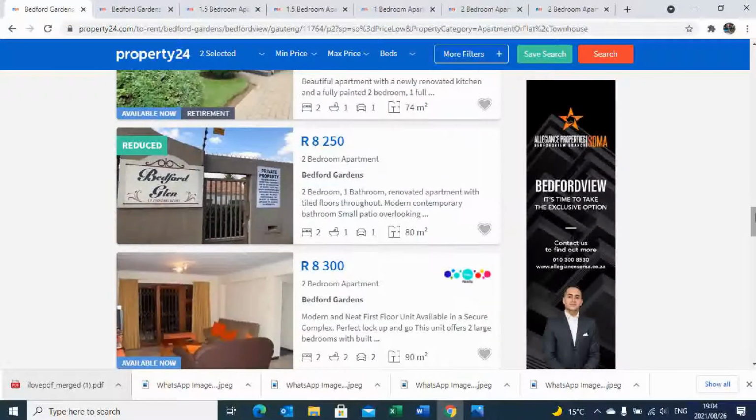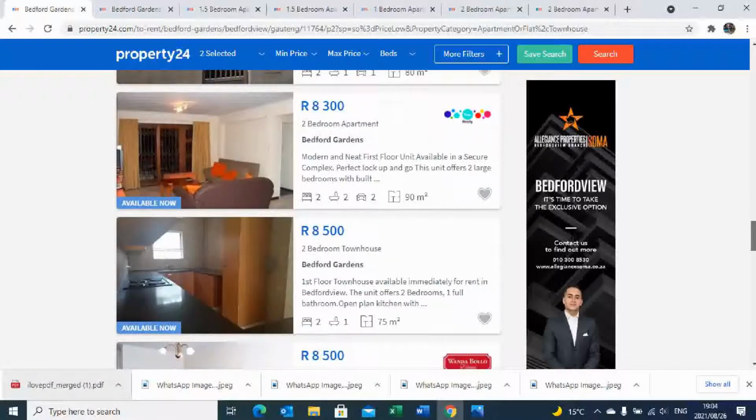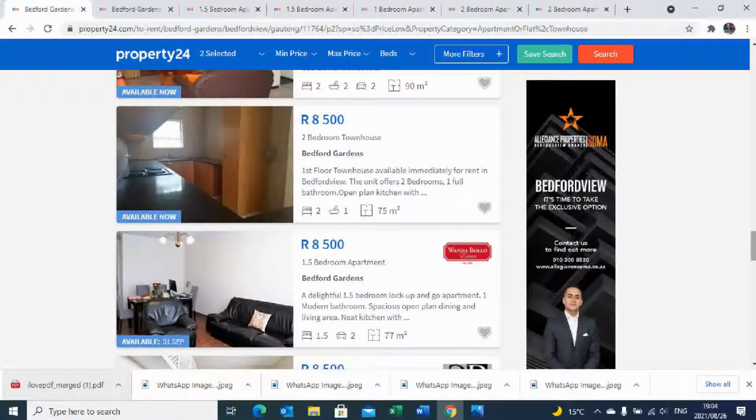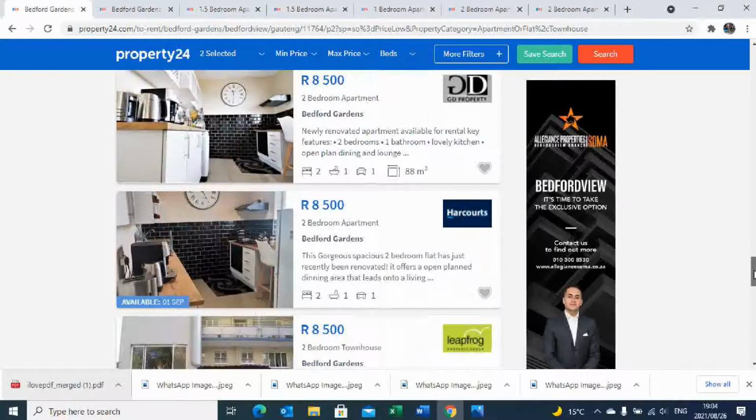Let's see, 80 square meters for 8,002. So 77 and 80 square meters, they're close to each other. They are really competing. 75 square meters for 8,005. Look, 77,000 for 8,005.